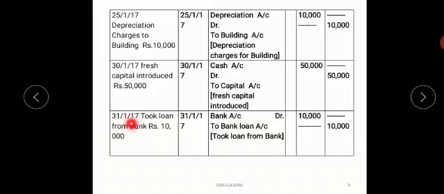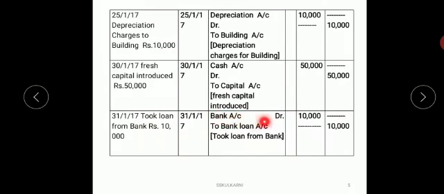Now coming to the last transaction on 31/1/2017, took loan from bank rupees 10,000. Now whenever loan is being taken, bank will credit such amount in my account. So my bank balance is increasing. So when bank balance increases, bank account is debited because bank is an asset.